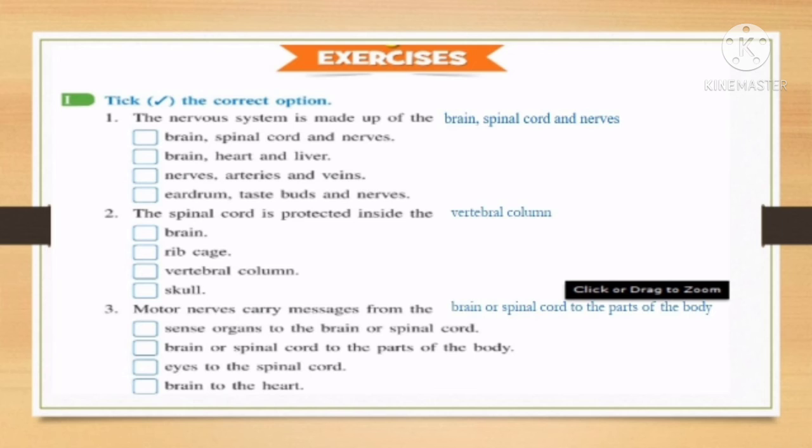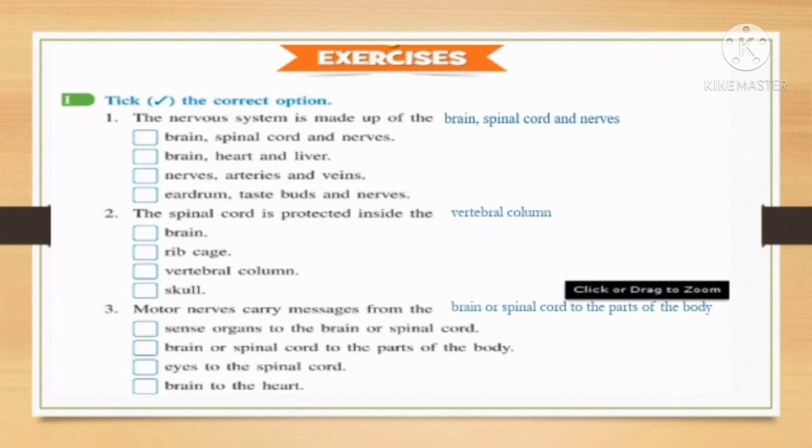Now the third one. Third, motor nerves carry messages from the. And options are sense organs to the brain or spinal cord, or brain or spinal cord to the parts of the body, or eyes to the spinal cord, or brain to the heart.